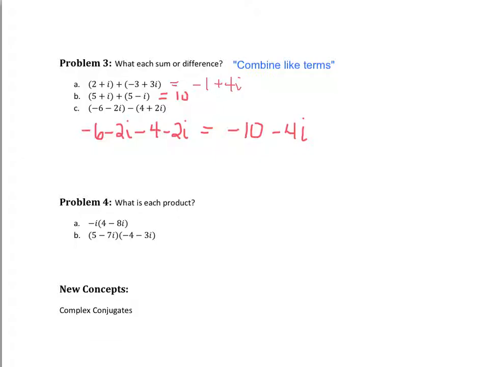All right, so now problem 4, what is each product? The big deal with that is whenever you end up with i squared, you should replace it with -1. So replace i squared with -1. And that's just because that's how i squared is defined. So on part A, I'm going to distribute the i, and you're left with -4i, and then you get a plus 8i squared.